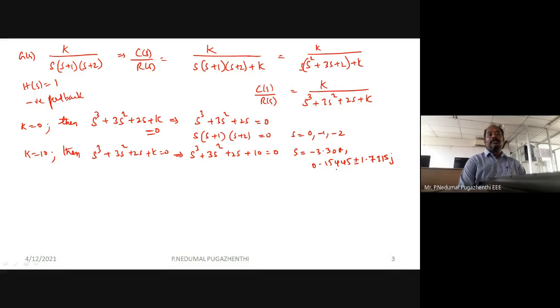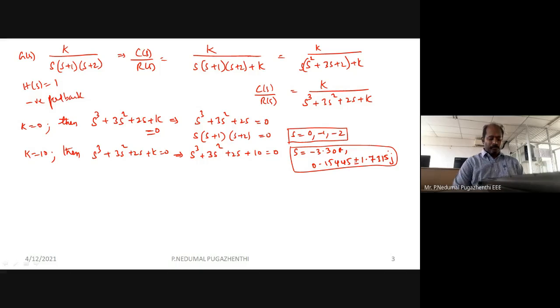I have a positive side. So these are the roots. You can see actually the roots were s is equal to 0, minus 1, minus 2. Now as the gain value changes, the roots are varying to minus 3.308 and 0.1545 plus or minus 1.7315 j.